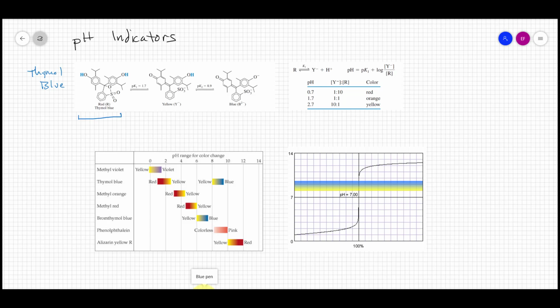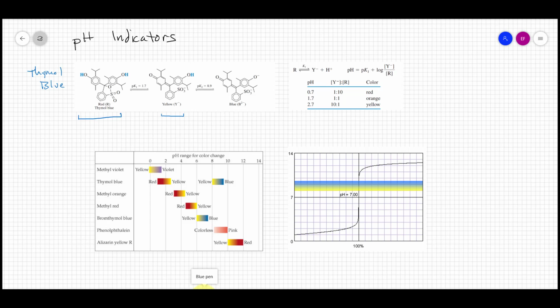But notice that the color of it's red, but the first pKa is 1.7, so it's only red below 1.7. Above 1.7, where the molecule becomes deprotonated, you end up having this species that is yellow.